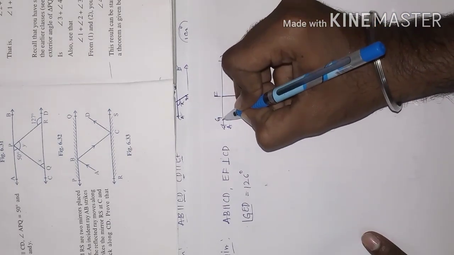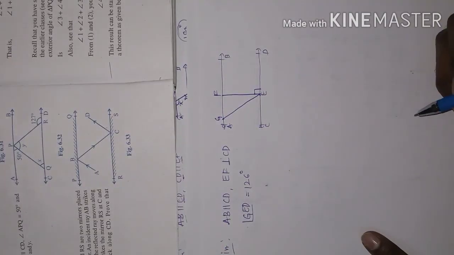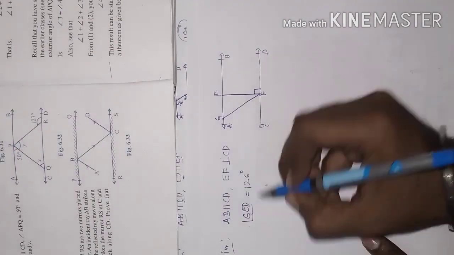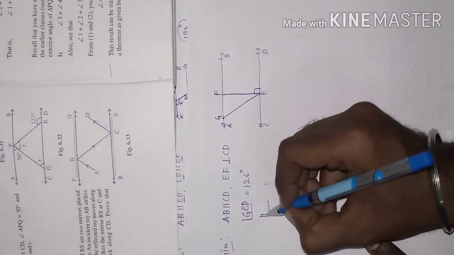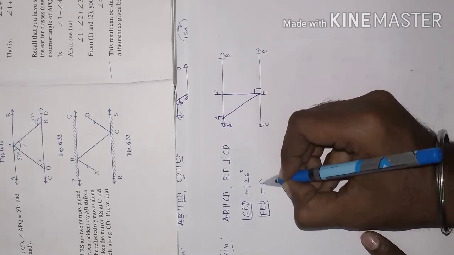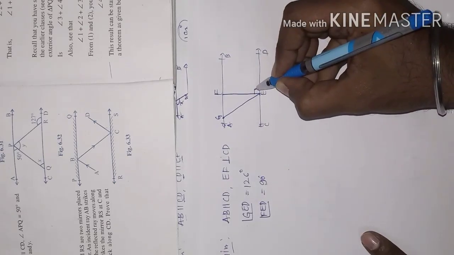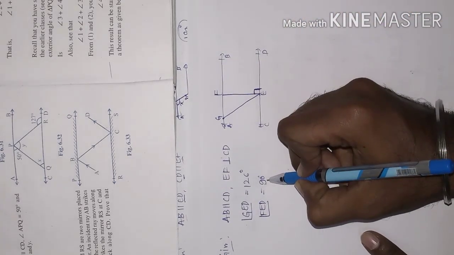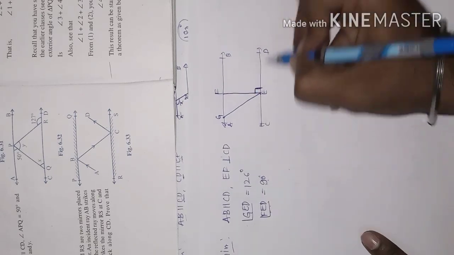We call that point G. So in the given part, what will we write here? FED is equal to 90 degrees, this is the symbol of 90 degrees. So we are writing FED is equal to 90 degrees.